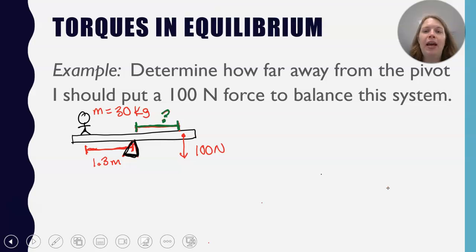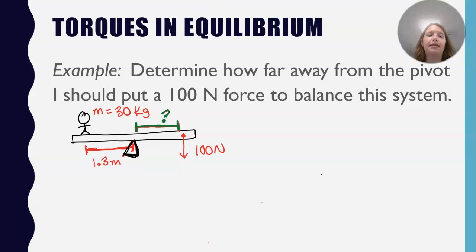So let's do an example problem. How far away from the pivot should I put a 100 Newton force to balance it? So we have a person standing on the other side. We have a keyword in here saying balance. So that's a keyword we want to circle and highlight. Keywords like balance are going to tell us that the angular acceleration is 0.